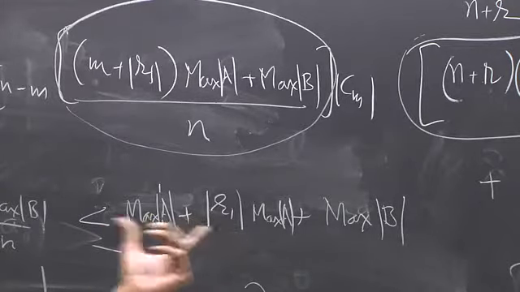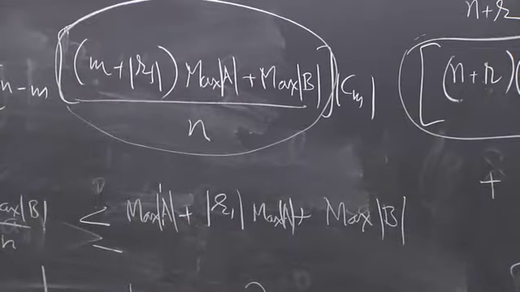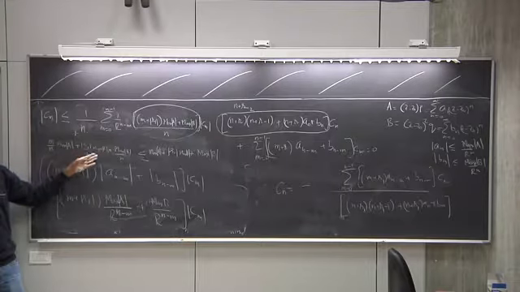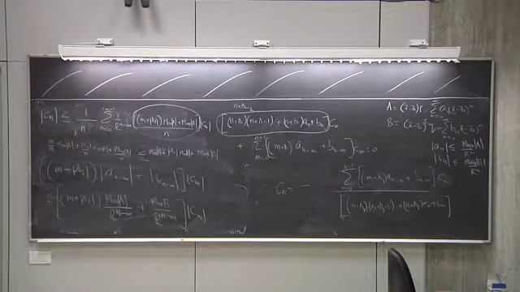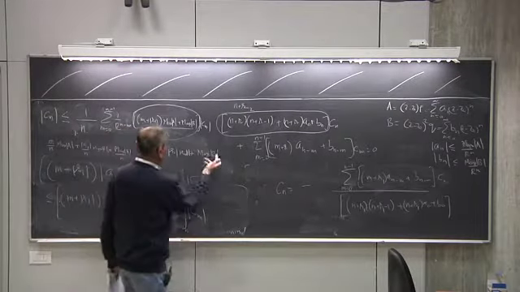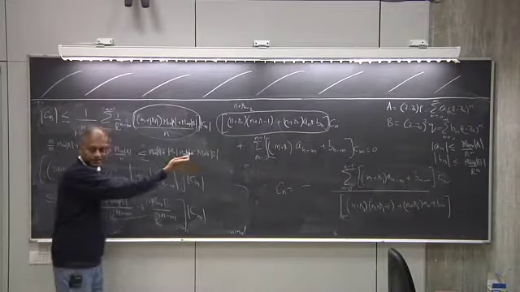The right hand side is much bigger than that, because I have replaced this n by 1. Suppose n is 1 million or something. So it's a very safe bound. But this is going to be some finite number, right? After all, r1 is fixed, max A is fixed, max B is fixed.